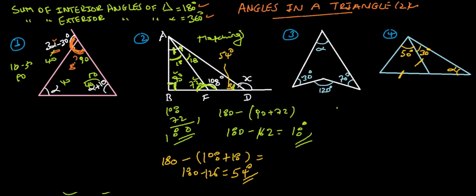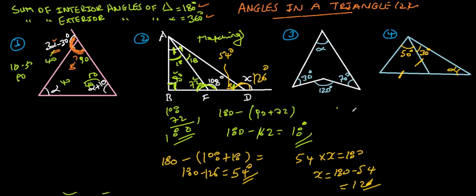Then 54 plus x is 180 degrees, so x will be 180 minus 54, which is 126. So this one is 126 degrees.